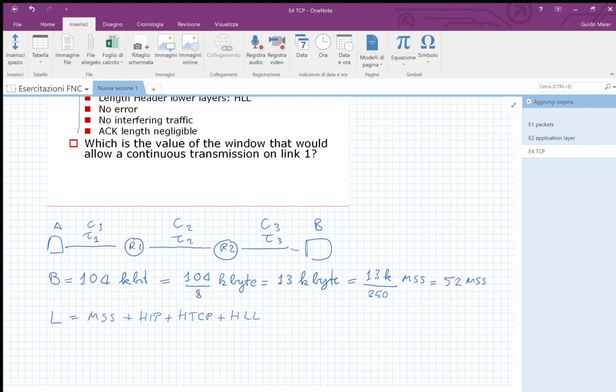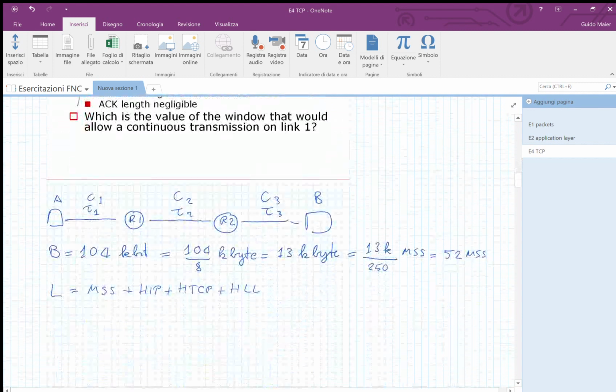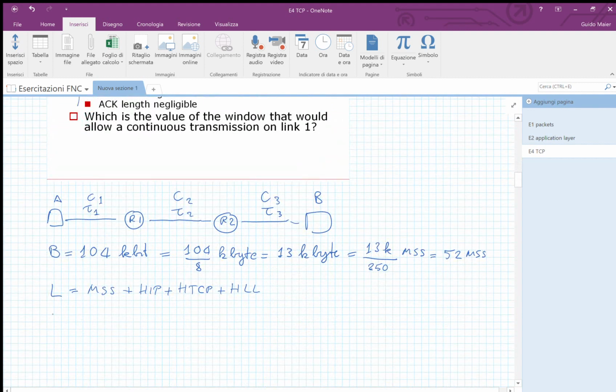Then what else? We have this indication that the receive window is smaller than the congestion window, and equal to 4 segments. So as you know, the transmission window is always equal to the minimum between the congestion window and the receive window.